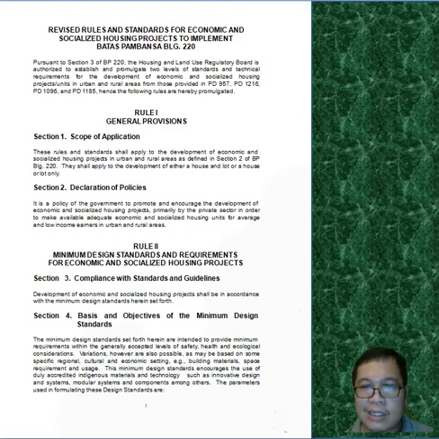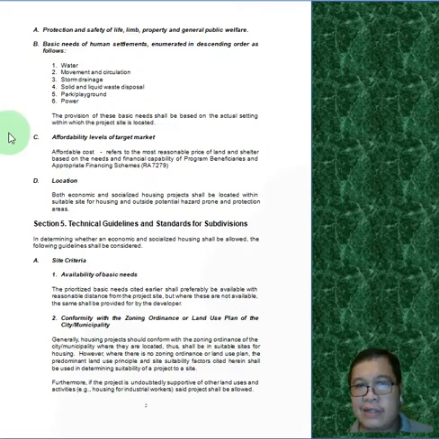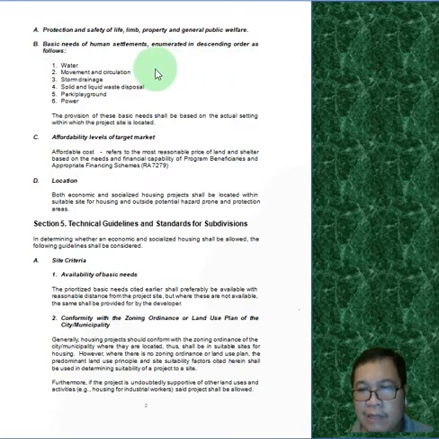So let's go back to the basis and objectives of the minimum design standards. Your minimum design standards are based on these four criteria: protection of life, limb, property, and general public welfare; basic needs of human settlements; affordability levels of the target market; and location.